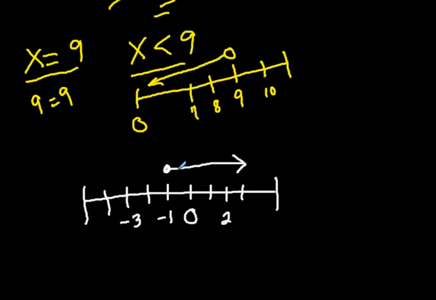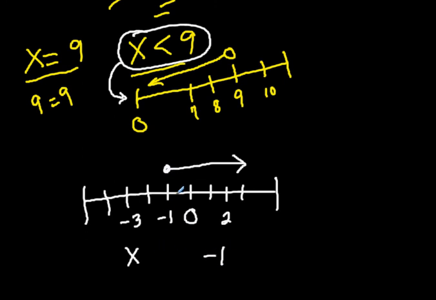Now, how would we show that in an inequality like this? See, here is the inequality. Here is the graph of the inequality. Well, we have the graph. We need the inequality. First of all, we identify a variable like x. Identify the number, -1, because that's where the graph begins.